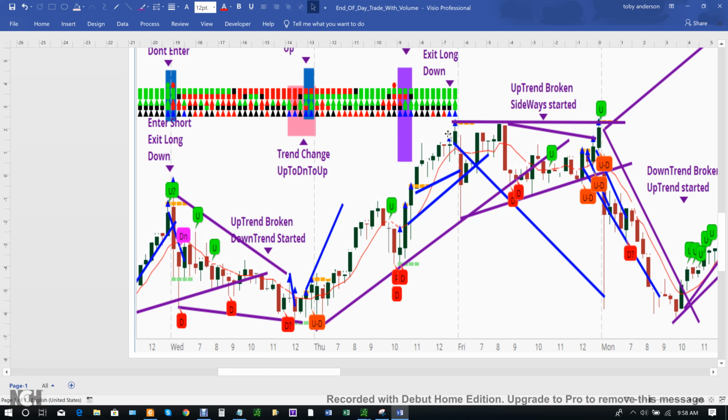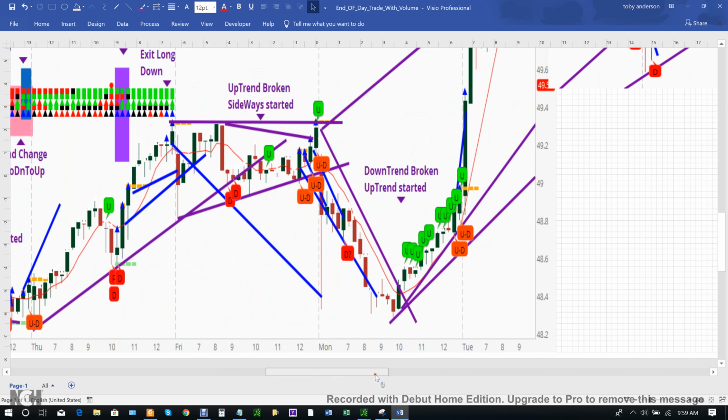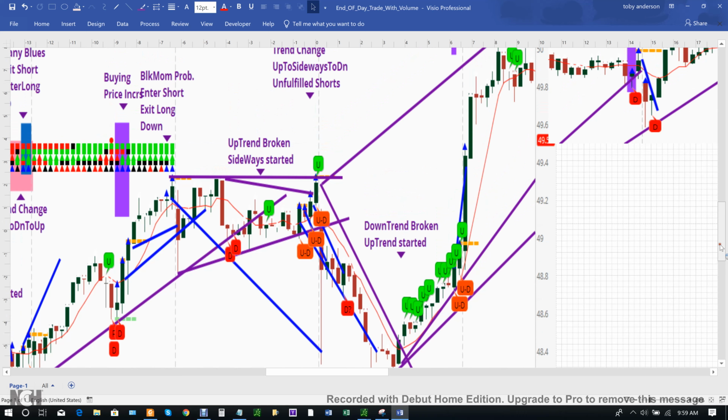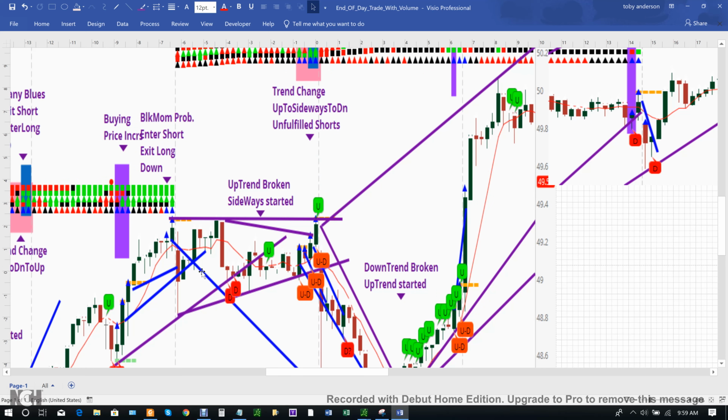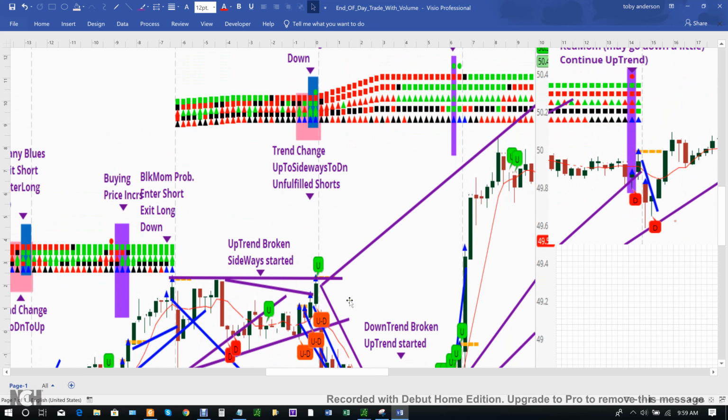Here, this is a long. Exit the long and enter the short. Okay, so we're kind of in exit the short territory, and so it's gone up and then sideways. So people are thinking, hey, what happens is the people that want to start shorting do it when you're on an uptrend, right?